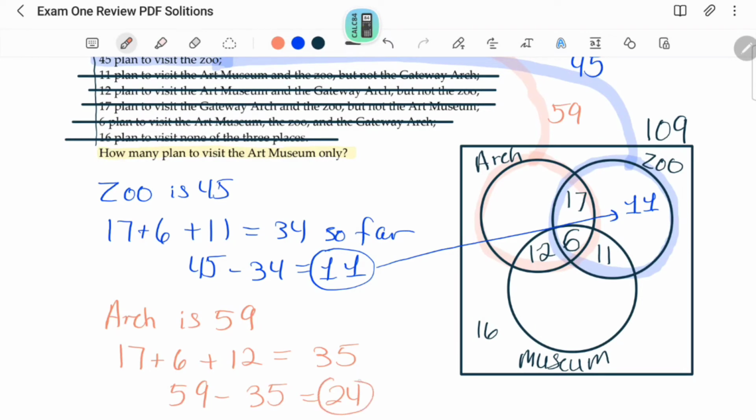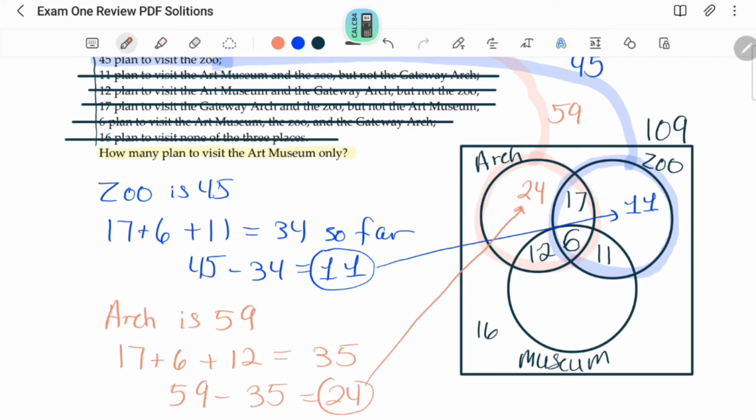And we're going to place this 24 right here. The reason why I didn't do it with the other ones is because it says it is 2 of the places, but not the 3rd place. If it does not exclude a location, you must consider that location a part of your set.